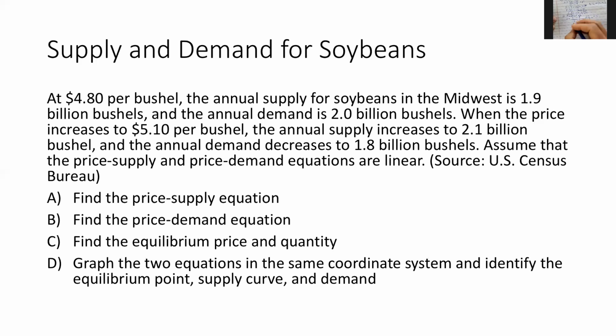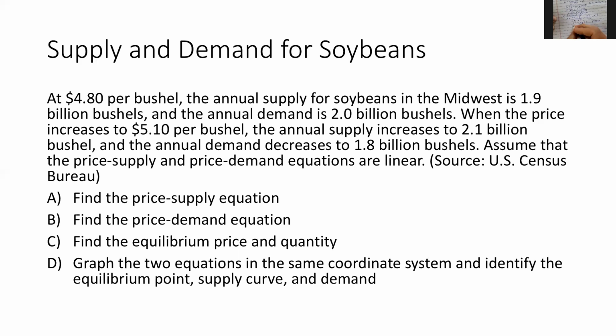So we can do it this way, negative 1.5 times the quantity demanded plus B, right? This is our y equals mx plus b form, in other words, slope intercept form, slope and intercept. And now we just take one of these points from above, so the 2 and 4.80, or the 1.8 and 5.10, and we just plug it into this equation.